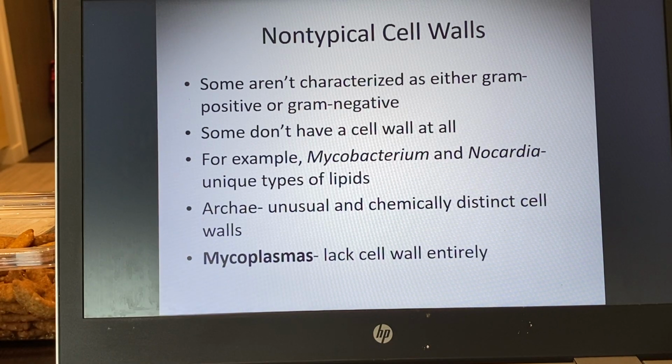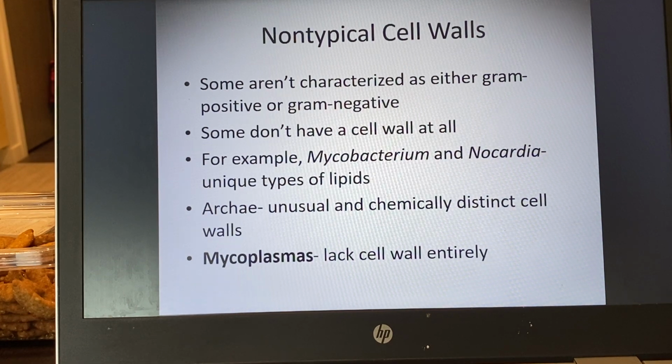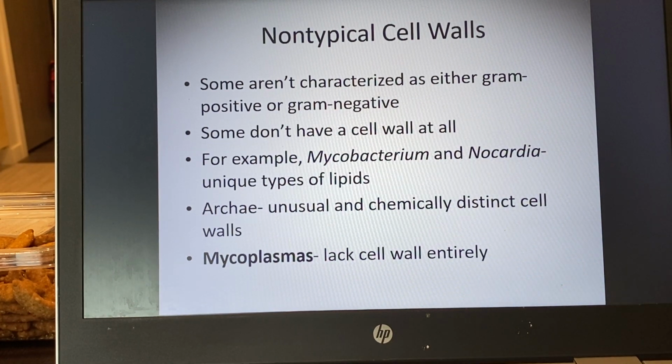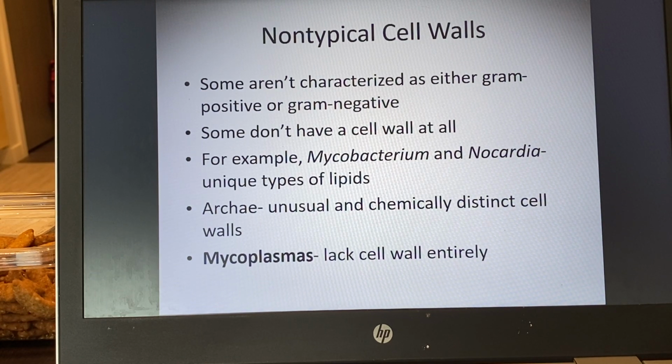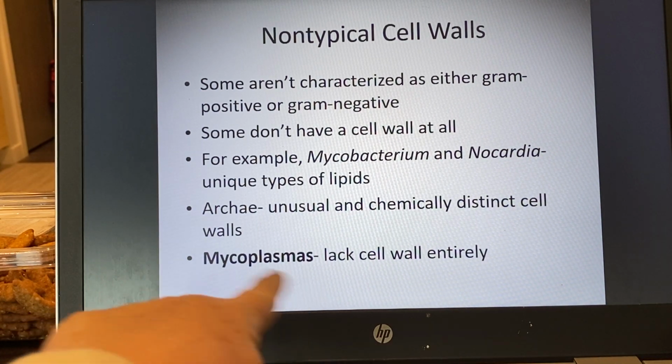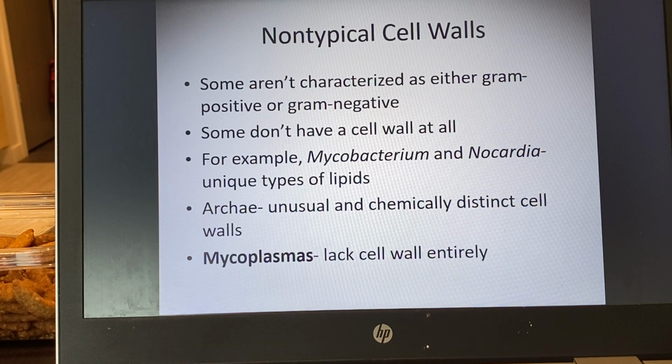Mycoplasmas are so small that they actually can't be seen unless you use an electron microscope, which most hospital labs do not have. You have to go to the University of Iowa or Iowa State to be able to find an electron microscope because it requires special expertise to run and they are super, super duper expensive. Okay, so mycoplasmas, they are really hard to diagnose.